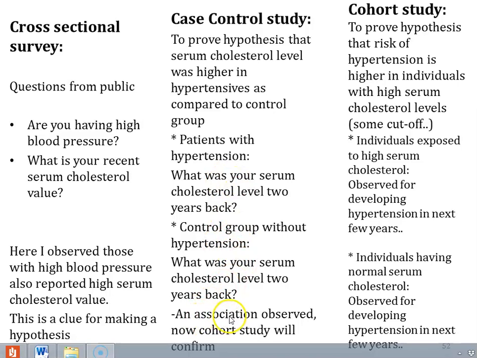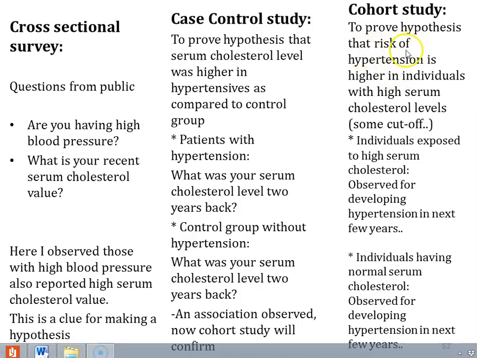If I find that this group with hypertension reported higher serum cholesterol level, I can prove my hypothesis, but to further prove it with higher authenticity, I will conduct a cohort study. So, a cohort study will again start with a hypothesis.